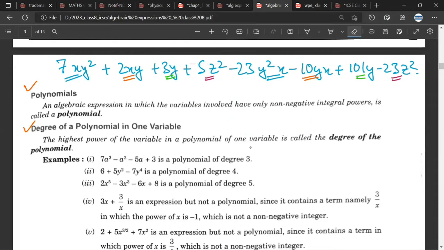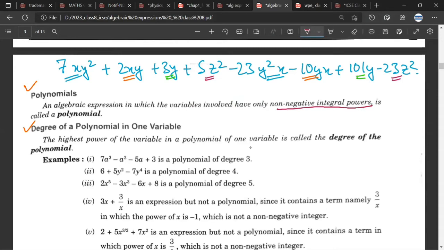Now, let us understand what is a polynomial. A polynomial is basically an algebraic expression in which the variables involved have only non-negative integral powers. Don't worry.